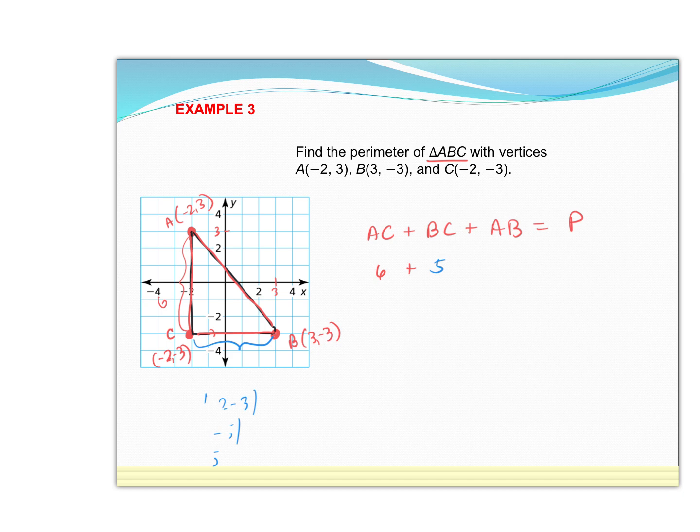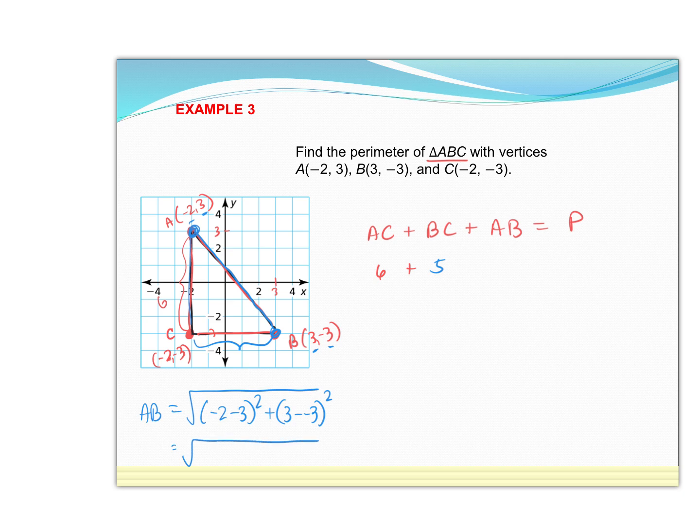The tricky one comes with this diagonal line, right? I need to know the distance between point A and point B here. Now, we learned the distance formula yesterday. We know that AB equals the square root of the difference of my x's, so I'll do top x minus bottom x, going top down like that. So I'll do -2 minus 3 squared, and then top y minus bottom y, 3 minus -3 squared.